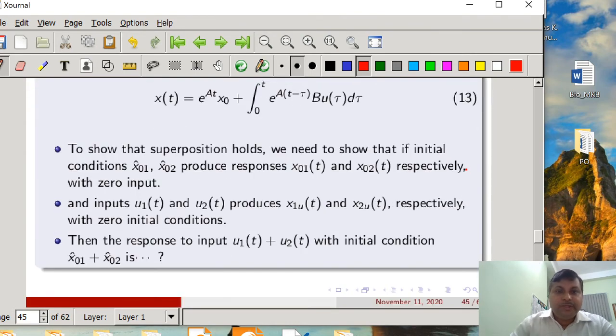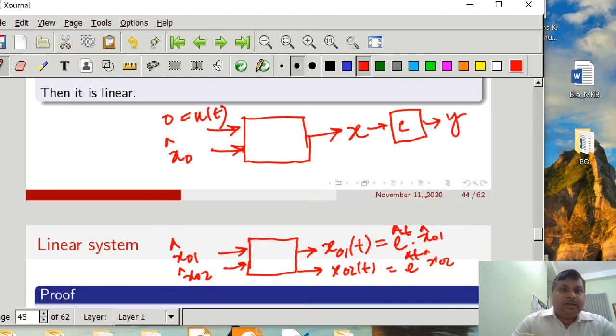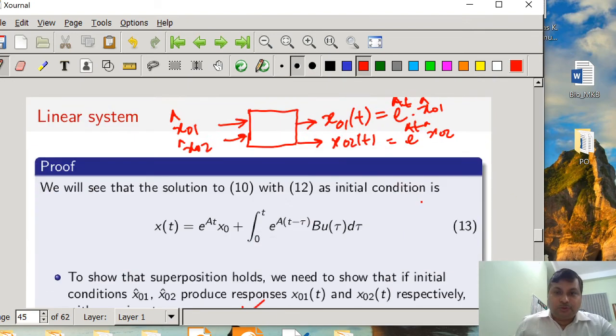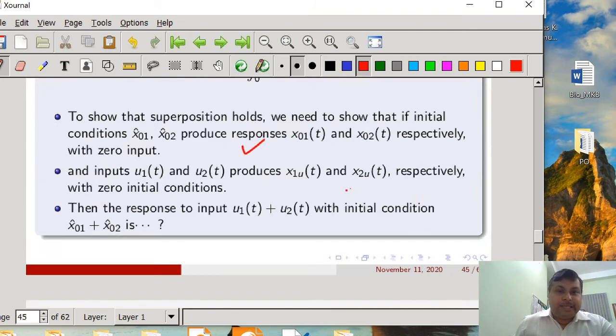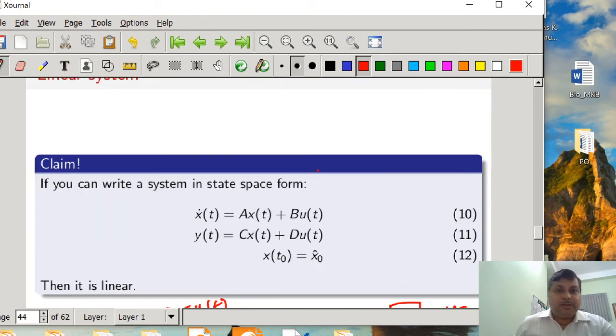Fine with this. In the second case, we assume that the initial condition is 0 and we excite the system with inputs u1 and u2. In that case we can compute the system response, because we are computing the zero state response.